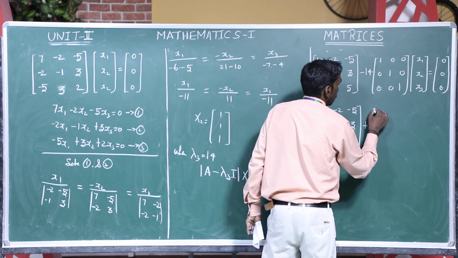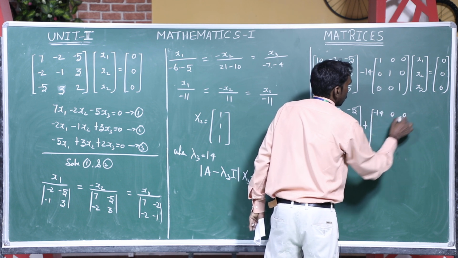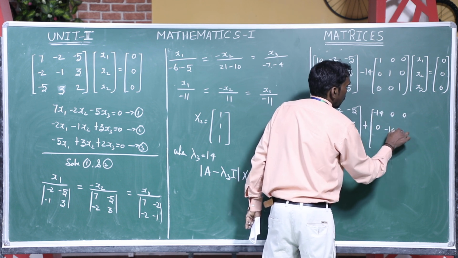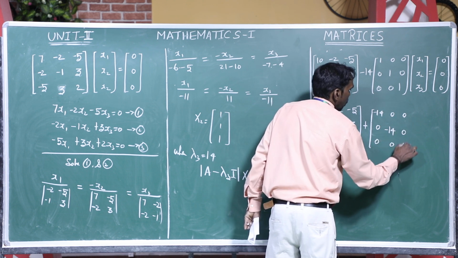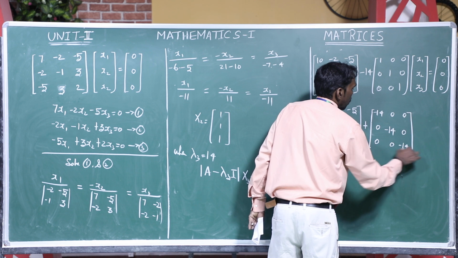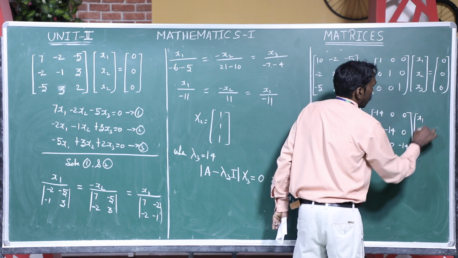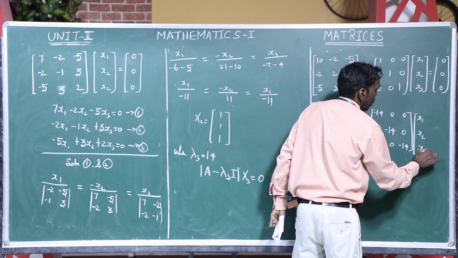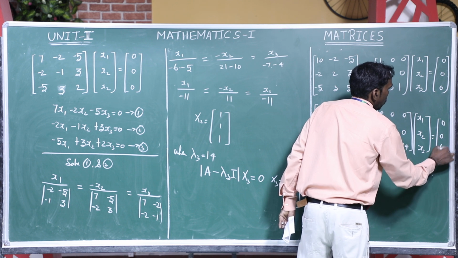So this will be minus 14, 0, 0, then 0, minus 14, 0, then 0, 0, minus 14. You have to simplify and get the matrix. Then multiply by x1, x2, x3, put the 0, 0, 0, and form the equation.